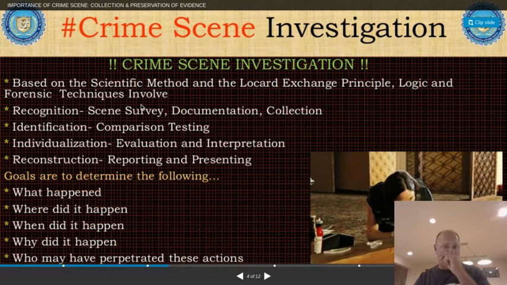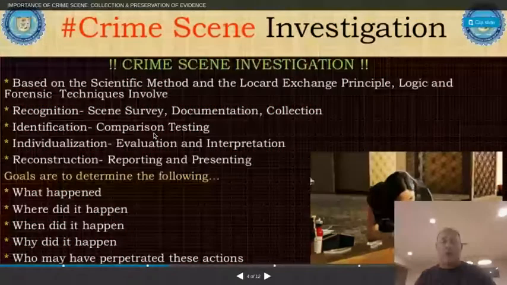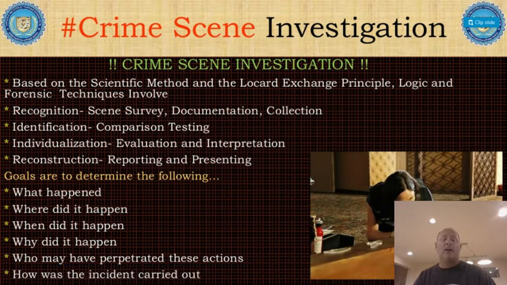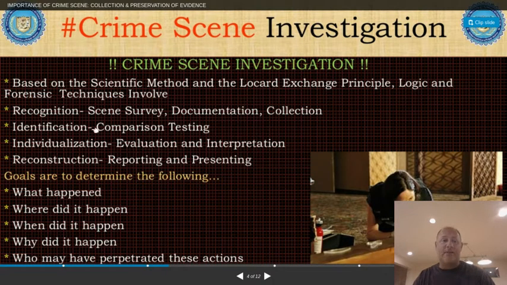You're looking at recognition, the scene survey, documenting everything, collection of crime scene evidence. Identification, if you've got items that can be compared back to a database, like shell casings or a slug, types of glass, chips of paint, you can do some comparison testing for identification.